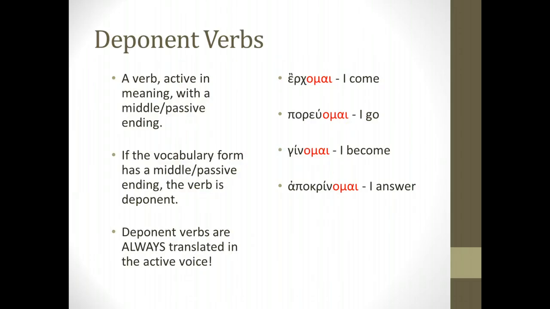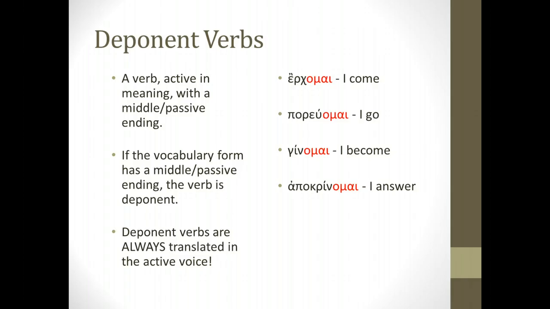Now I need to make a little note here about something known as deponent verbs. So far, most of the verbs that you have learned in this course all ended with an omega. Akuo, lego, blepo. All of these were verbs that you learned in the present active voice.